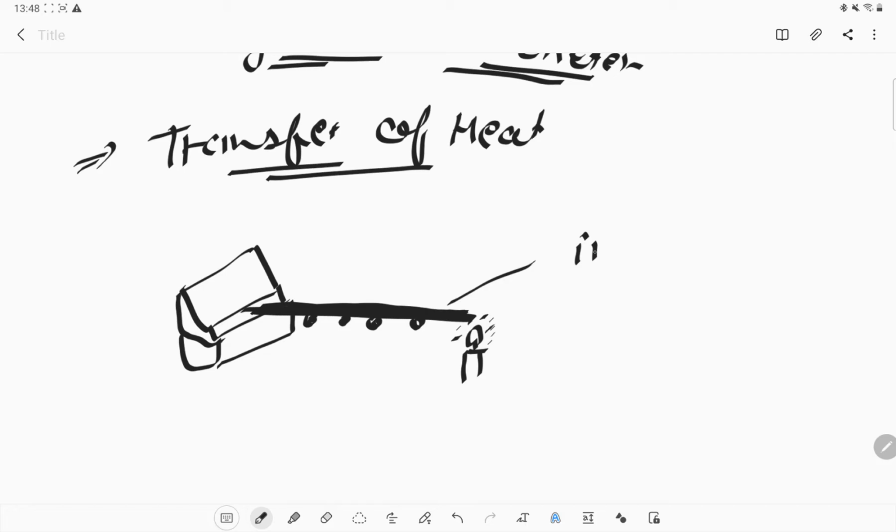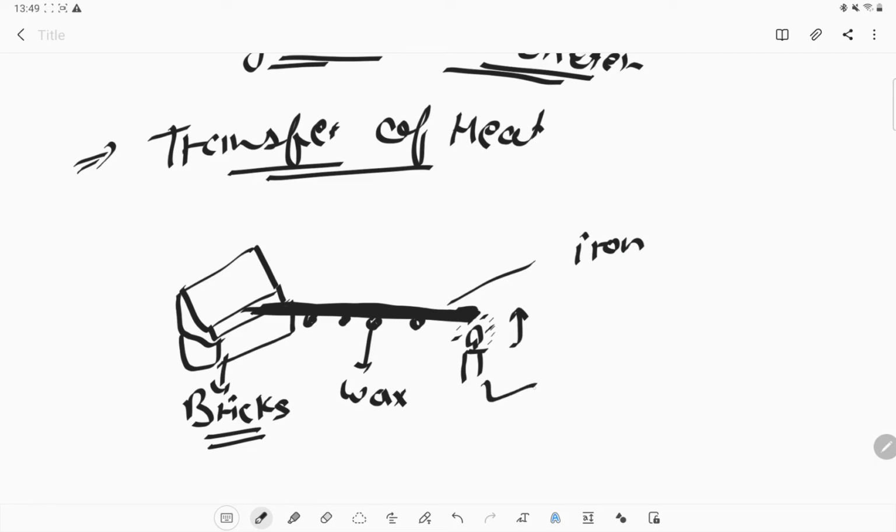This is the iron rod, this is the candle, and this is the wax. These bricks provide support to the iron rod. Now we are providing heat to one end of the iron rod with the help of this candle.